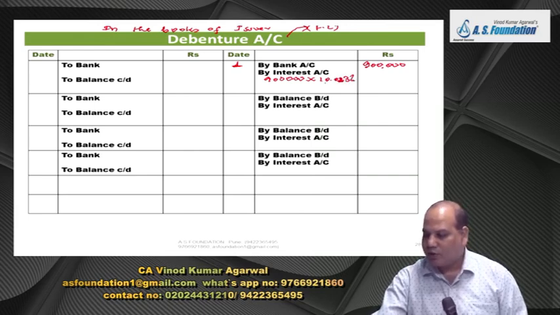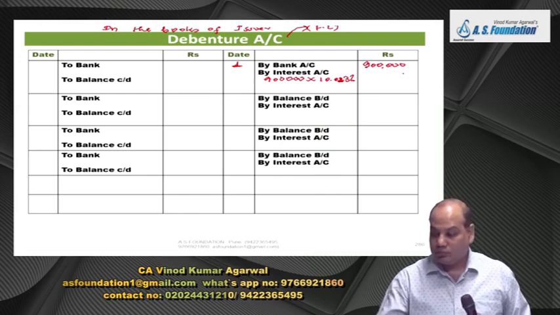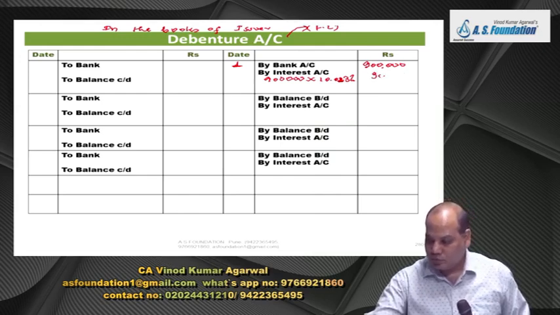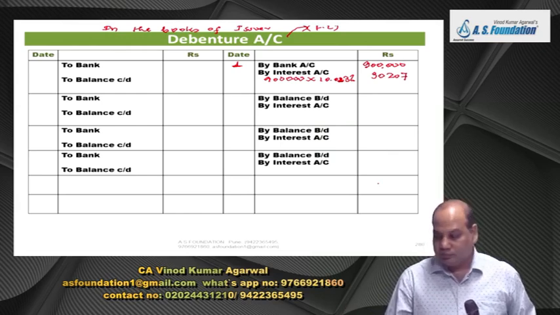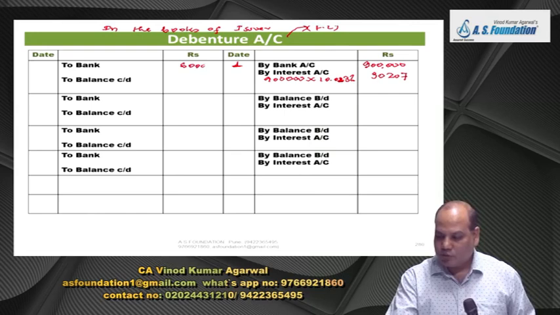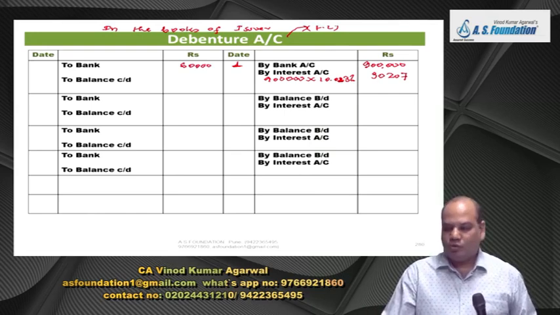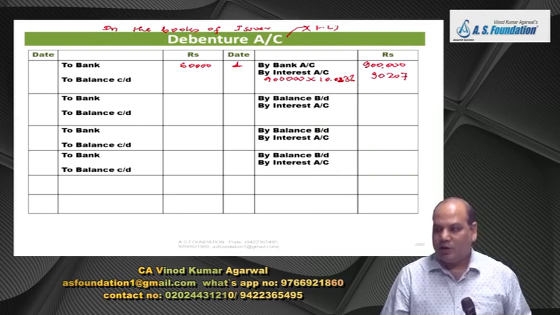Okay, round off the last digit while doing the calculation. 9 lakh into 10.023% is 90,207. Otherwise it will not tally at the end. And then you have made payment. Debenture account to bank. How much will you pay? 60,000. So the payment entry will be debenture to bank.